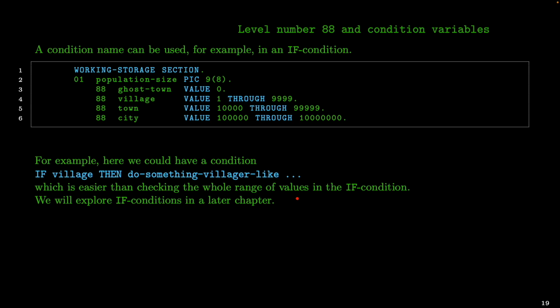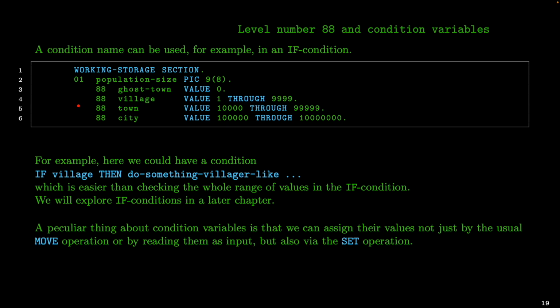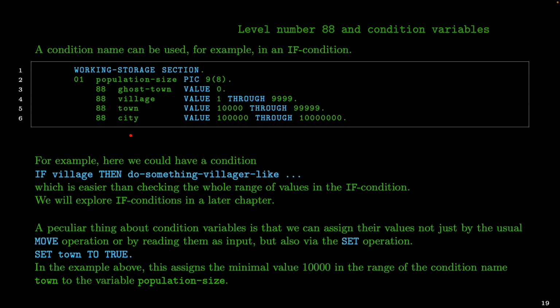And if conditions, we didn't talk about them too much. We will explore them in detail in a later chapter on program flow, but I think here it's self-explanatory how this would be used. A nice thing about these condition variables is that we cannot just set their class by moving a numerical value to this variable, but we can also use the set operation to directly set population size to ghost town or to village or to either one of these conditions.